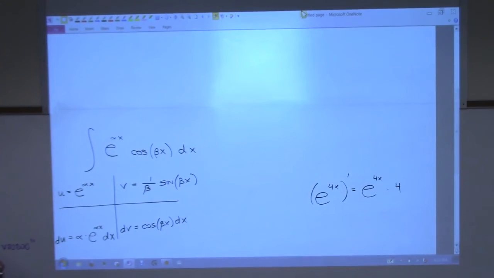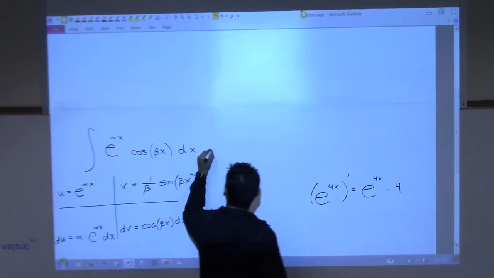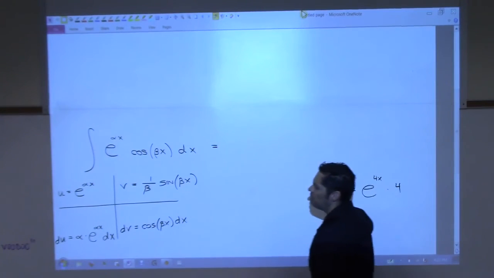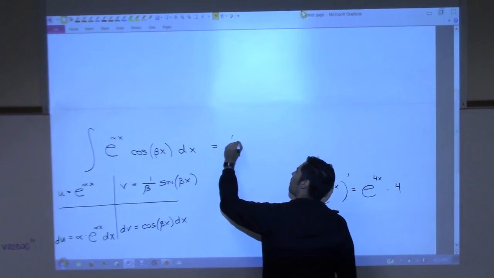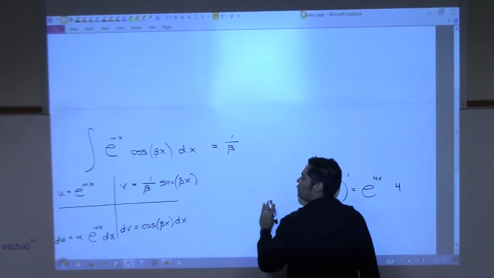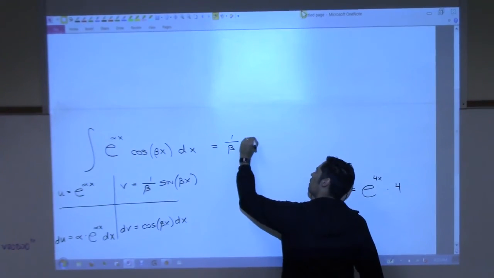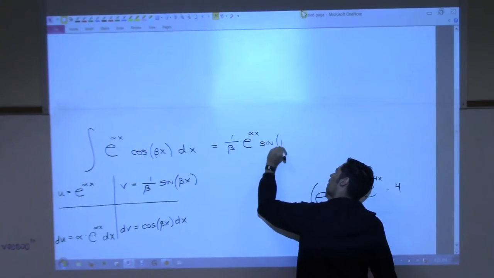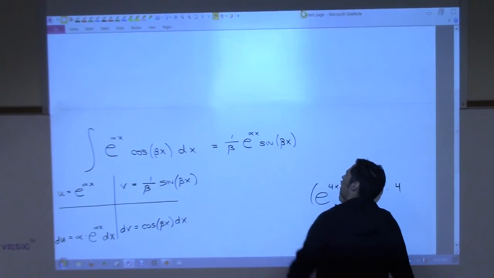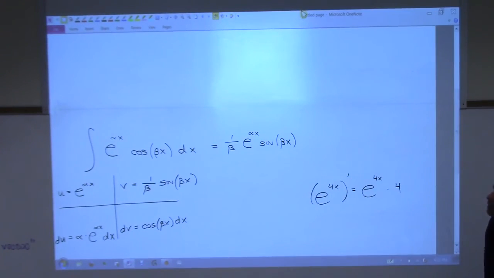Does anybody need any clarification on this setup? Okay, let's apply the formula. Stephanie, please give me all constants out front, first. Okay, good. Minus.